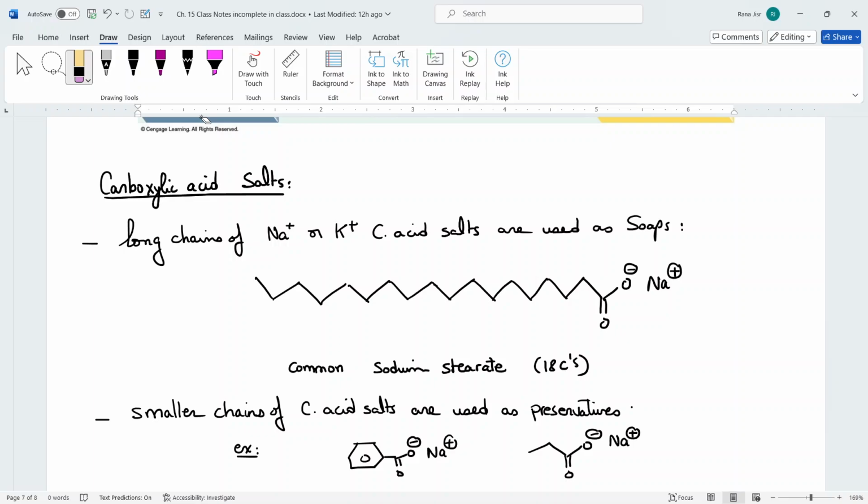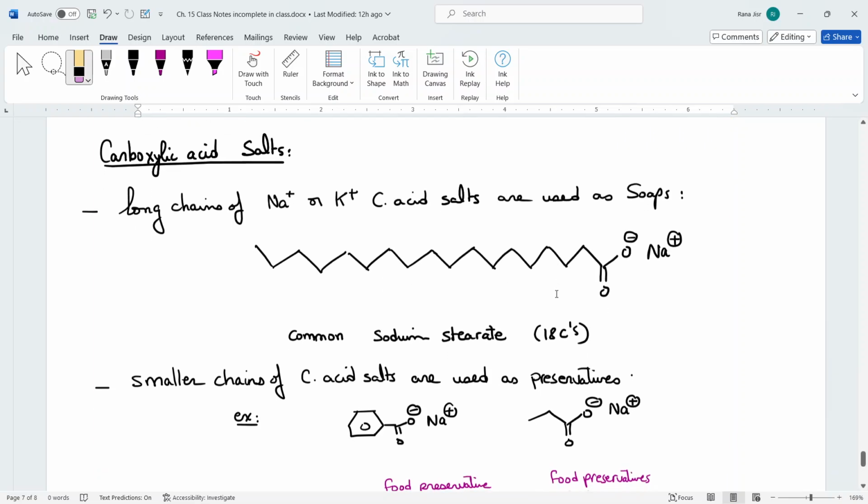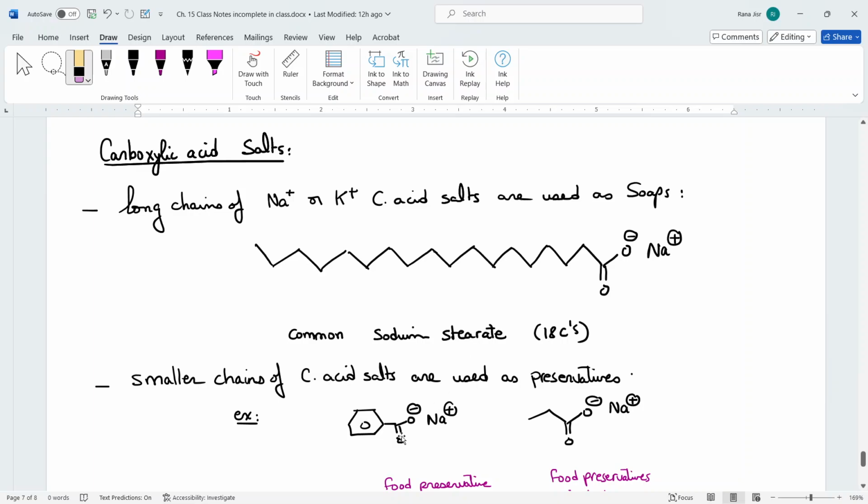There are different types of carboxylic acid salts. You have carboxylic acid salts that are small. They have a small alkyl chain in there, as these. These are used as food preservatives. They are not used as soap.